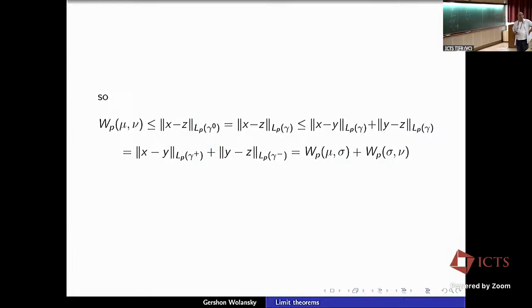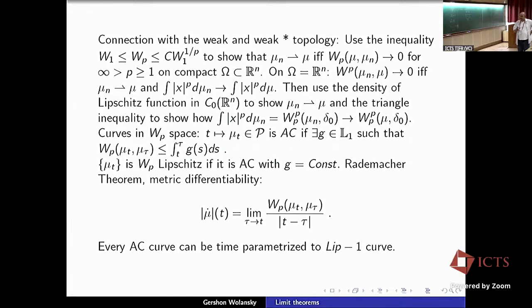So let's see what we can say more about it. In fact, if you look at compact spaces, we can easily see that for any p bigger or equal to 1, this metric is a metrization of the weak star topology.